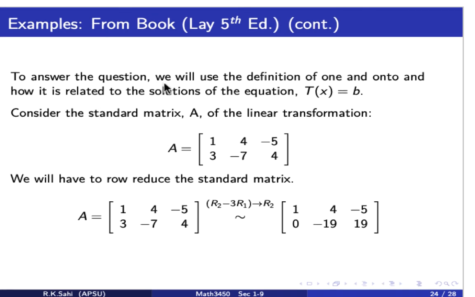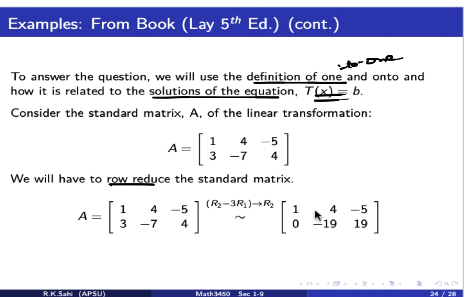It says, to answer the question, we'll use the definition of one-to-one and onto, and how it is related to the solutions of the equation Tx equals b. We're going to look at the standard matrix and simply row reduce it. When we row reduce it, what do we get? Just a row echelon form, not the reduced row echelon form.